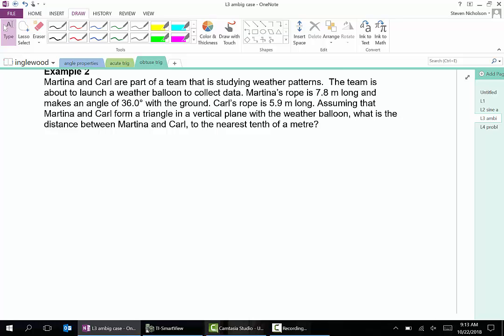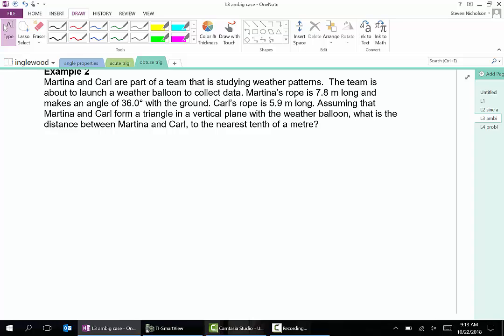So here's a story. Maria and Carl are part of a team that is studying weather patterns. The team is about to launch a weather balloon. Maria's rope is 7.8 meters long and makes an angle of 36 degrees with the ground. Carl's rope is 5.9 meters long. Assuming that Maria and Carl form a triangle, what is the distance between the two?